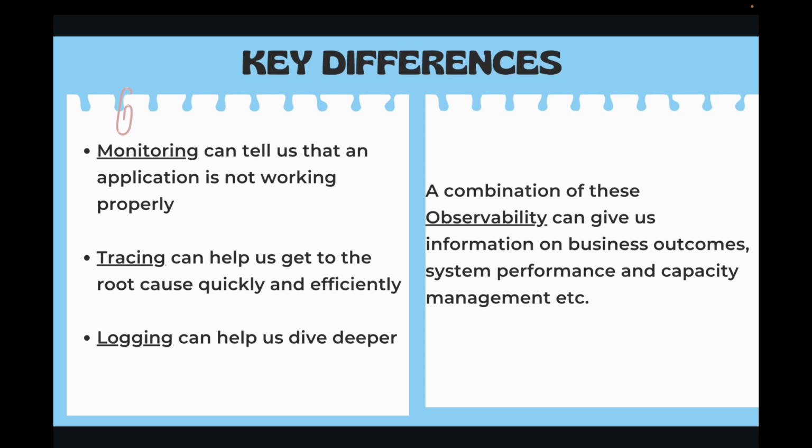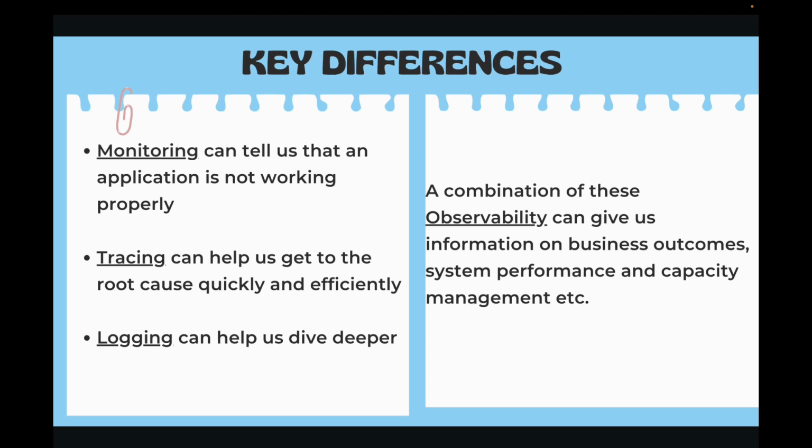So based on the combination of all these three, observability can give us information on business outcomes, system performance, and capacity management. Let's say it's performing slowly, and the holiday season is around the corner and you're going to get a lot of traffic. Then you can plan for much more capacity, right? Auto scaling and things like that.